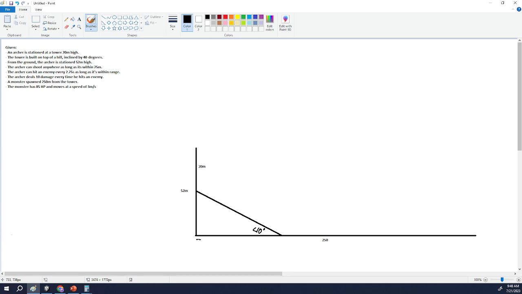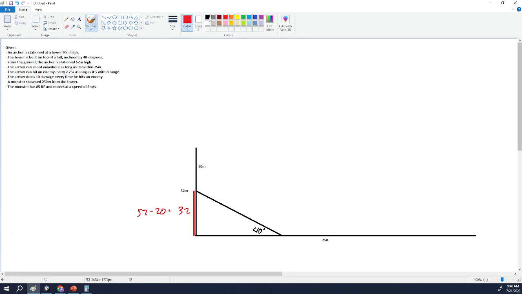We cannot deduct it from our 250, but we know that it is a 20-meter high tower and the archer is 52 meters from the ground, which means this side is 52 minus 20, which is 32.